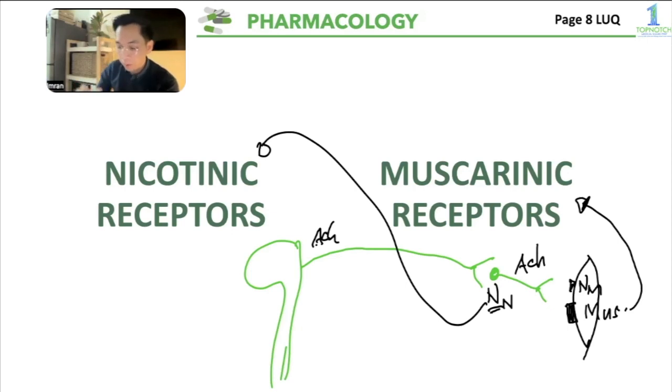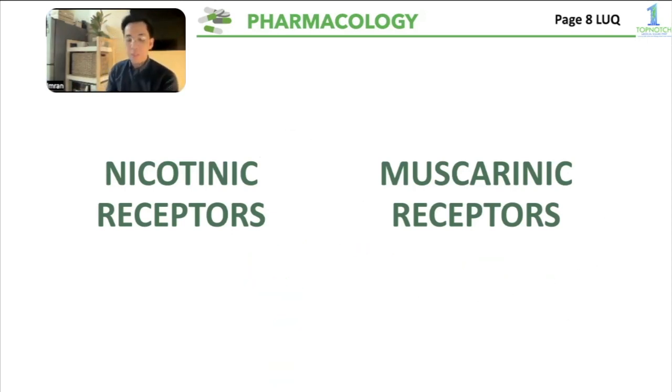Naiintindihan ba? Okay, sige. So, your muscarinic receptors, particularly your M1 receptors, isa-isahin lang natin, M1, M2, M3. Yun yung pinakakadalasan na kilalang mga receptors. Kanina, nabanggit natin yung M3 receptors doon sa GI tract natin, kasi pinakamadami din siya in the body, no?